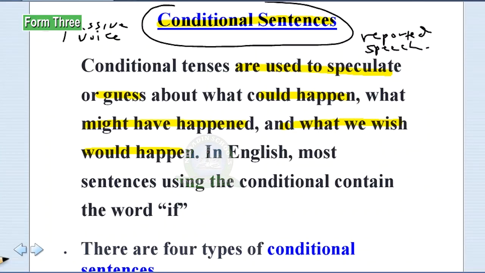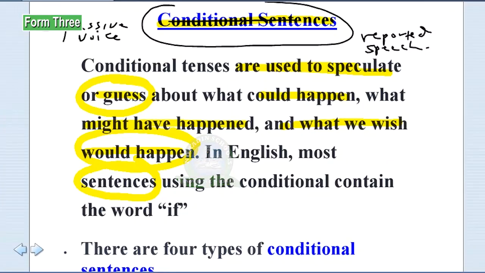Today's lesson, as I said earlier, is about conditionals. Conditionals are used to speculate. Speculate means to guess about what could happen, what might happen, what might have happened, and what we wish would have happened.